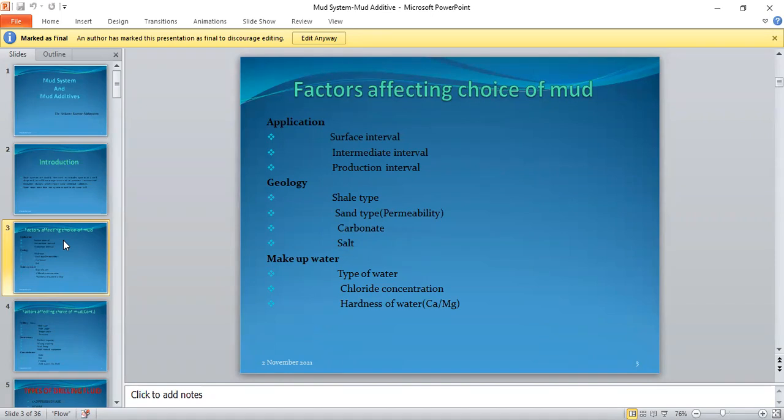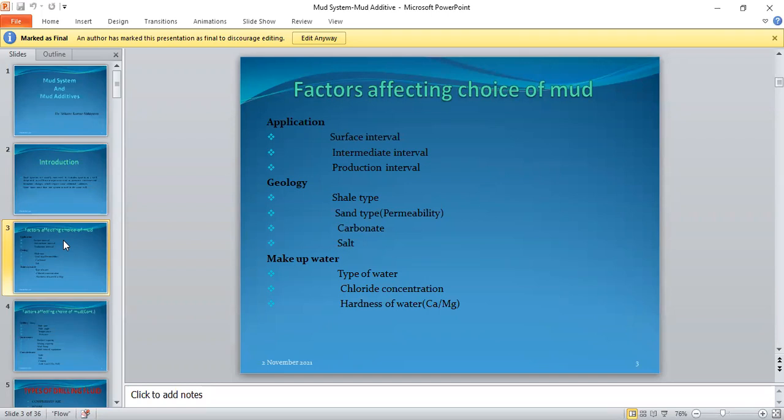Hardness of water: calcium and magnesium. When you're mixing mud, to start, you start with bentonite, you start with water-based mud. The water you have, is it too hard? If it is too hard, your clay, the bentonite that you're going to mix the water with, to mix your mud with, will not give you viscosity. The viscosity will not come up.